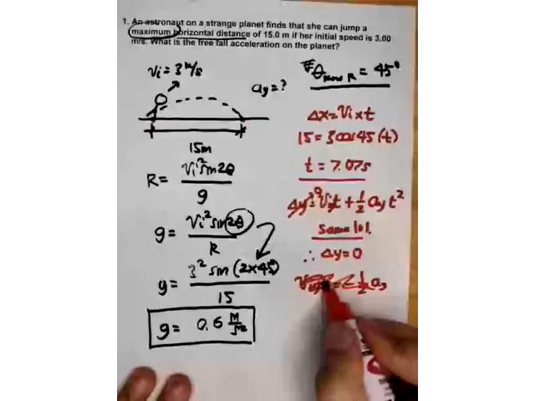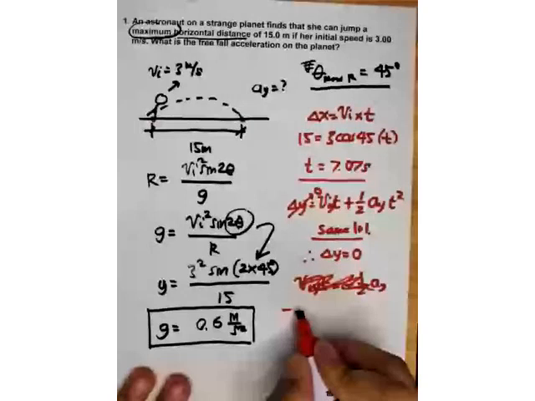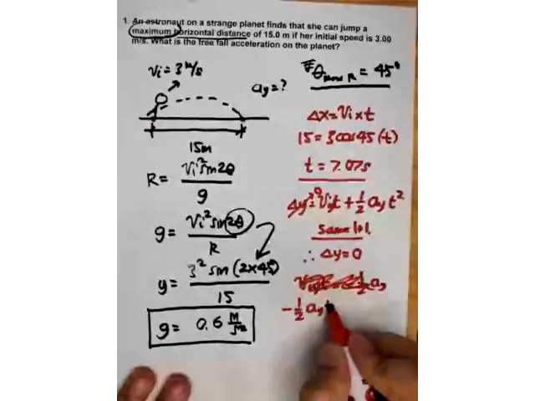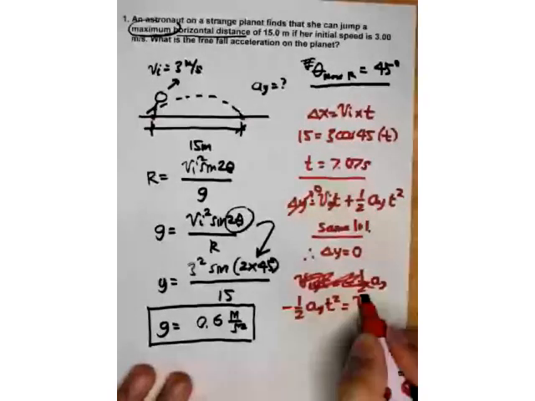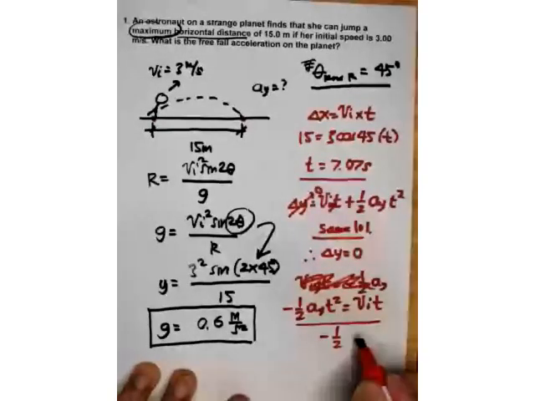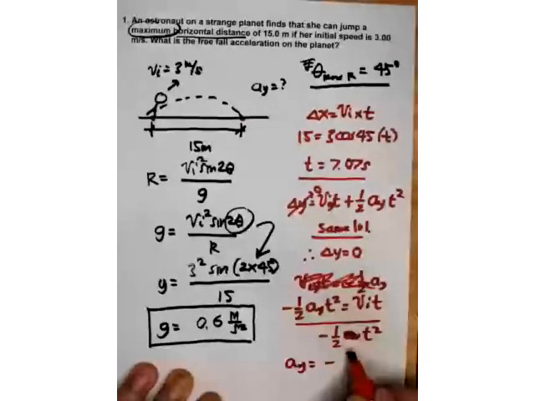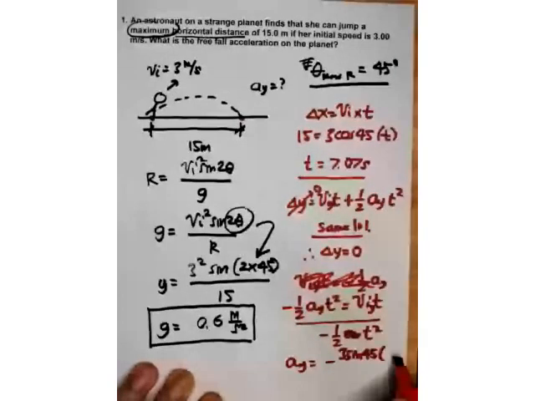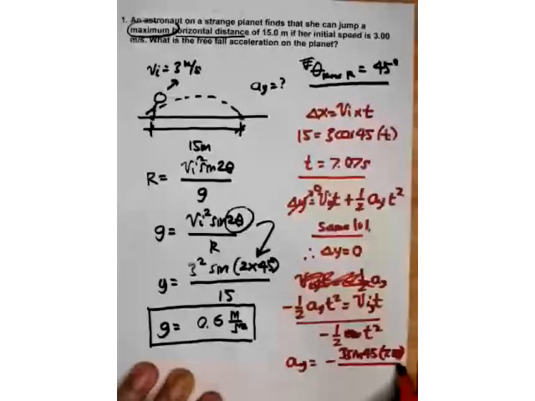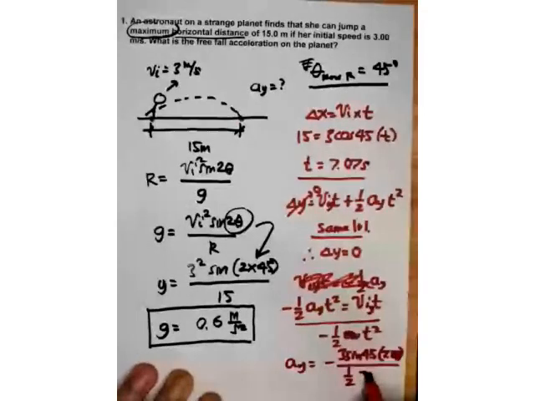Ito yung tatranspose natin. Negative 1/2 AYT squared is equal to VIYT. So divide this by negative 1/2 T squared. So, AY is equal to negative, VIY is 3 sine 45 times 7.07 all over 1/2 times 7.07 squared.